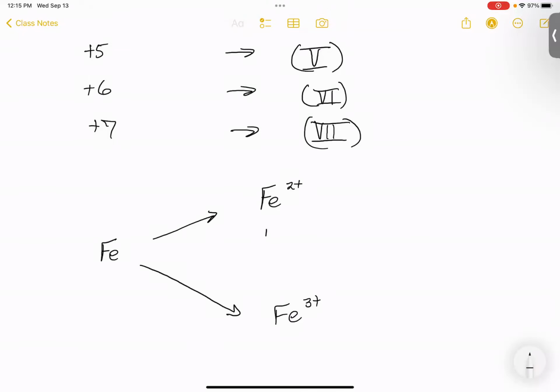So to distinguish these, the iron 2+ will be iron with the Roman numeral 2 ion, whereas iron 3+ will be iron with the Roman numeral 3 ion. Basically, the Roman numeral again is stating the charge on the metal. And when we verbally say it, we say iron 2 ion, iron 3 ion.